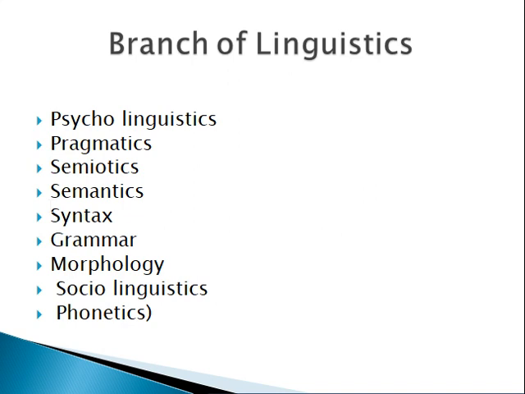Language is full of signs, and how these signs enable us to communicate. When someone is using a sign, how another person understands meaning, such types of questions will be addressed by semiotics. Whereas semantics will address the question of how meaning is possible.